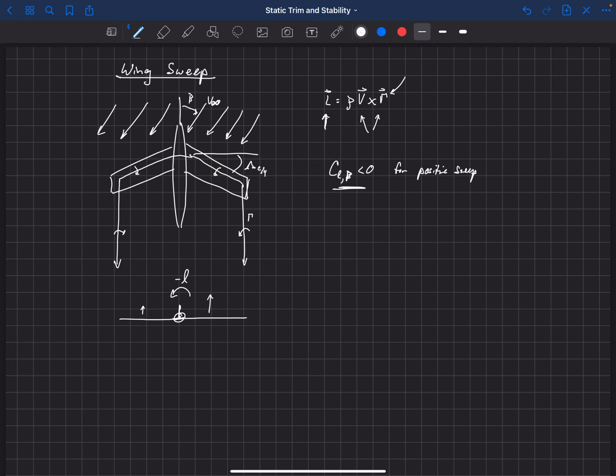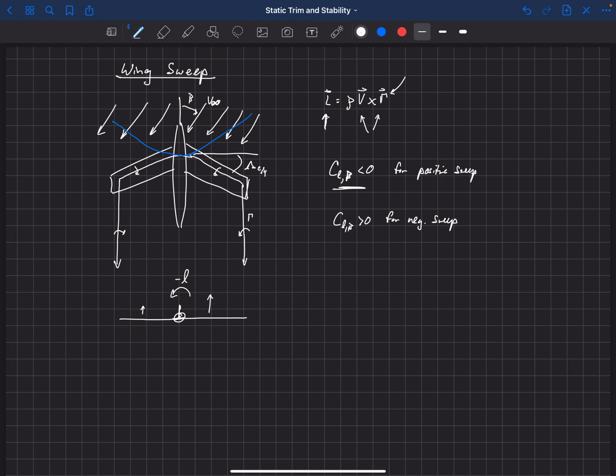So one thing that we learn from this is actually if we had negative sweep. So let me just draw a vorticity distribution here from a wing with negative sweep, we would have exactly the opposite effect. So C_L comma beta would be greater than 0 for negative sweep.